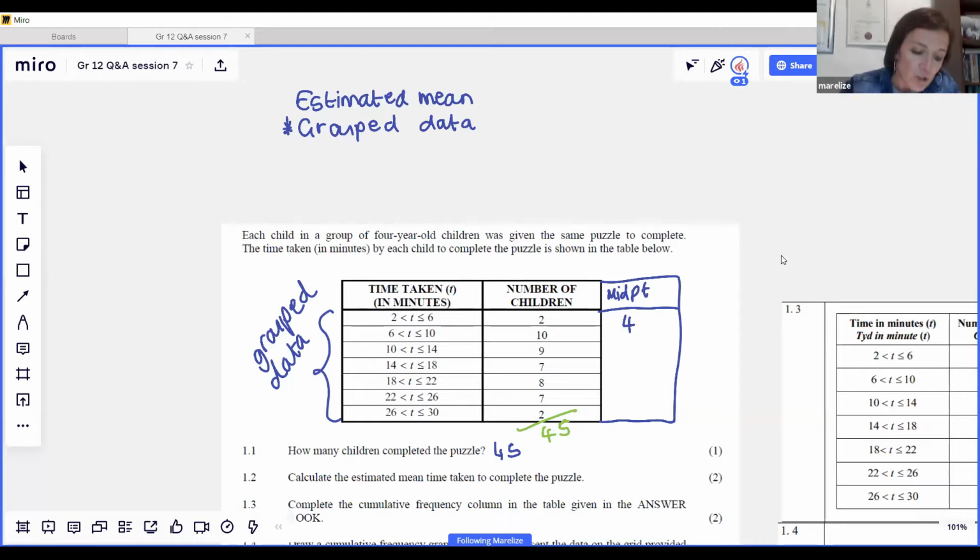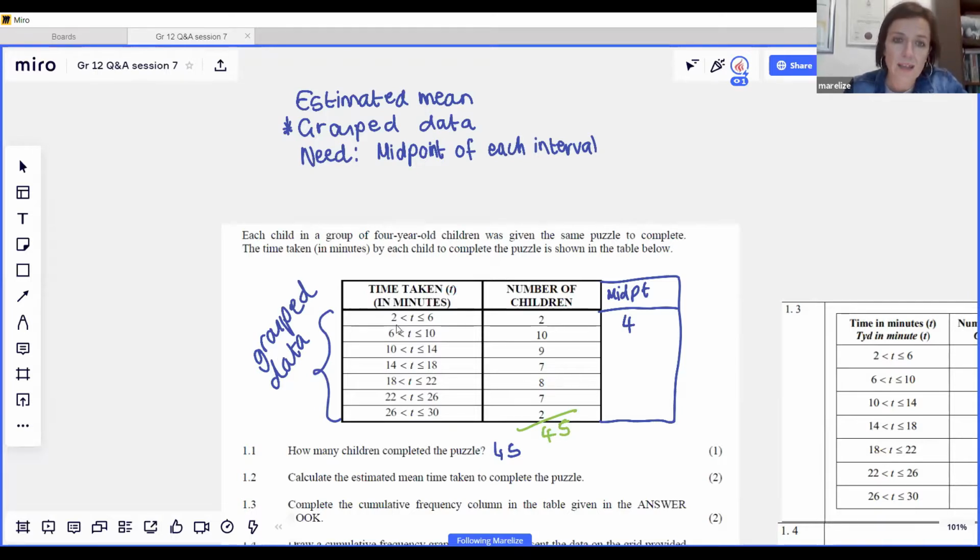Now, what you need for the estimated mean from grade 10 is the midpoint of each interval. So that's what we're going to work out first in this column that I've added. Since you all seem to have forgotten how to calculate the estimated mean, definitely work along with me, draw an extra column, and start calculating the midpoint.